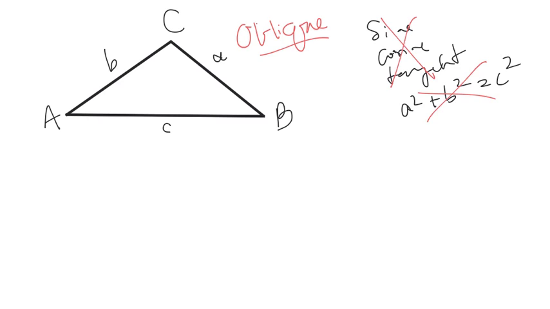Since angle C is the largest angle, side C is the longest side. And angle A is the smallest angle, side A is the shortest side, and B is the one in the middle.